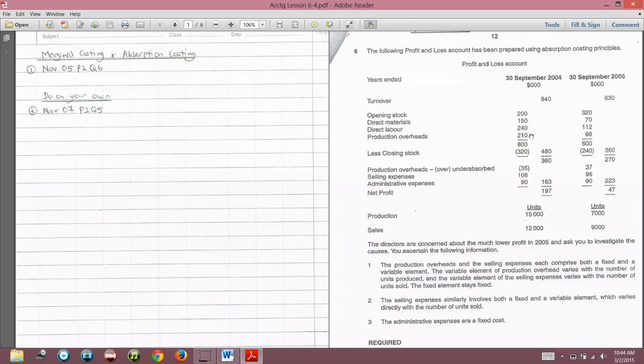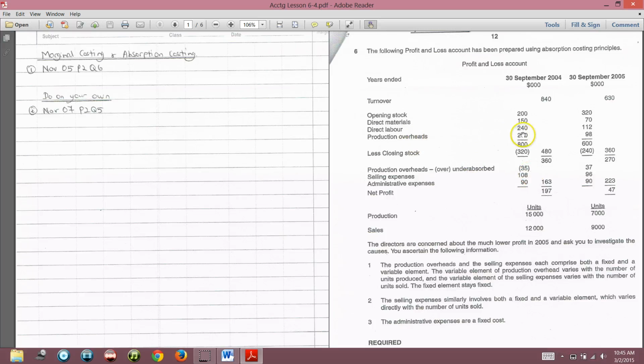Then at the end of the year, we will find out the actual production overhead, and then we compare it with the total production overhead absorbed, and then the difference would be the production overhead over or under absorbed, and this will be adjusted as aligned in the profit and loss account. So this is the adjustment.